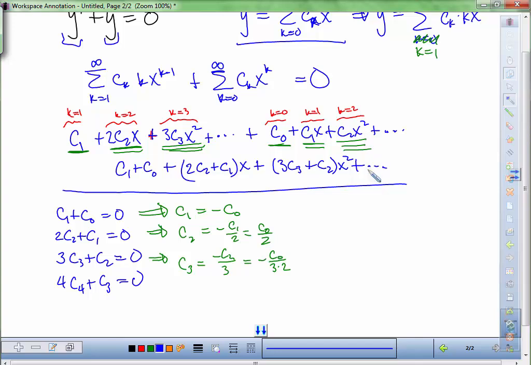Okay, so we would have gotten that if we had extended this out. And then we can say that C4 is equal to negative C3 over 4. And that dominoes back again to C naught. So this is positive C naught over 4 times 3 times 2 times 1. Yeah, so it's the factorial.